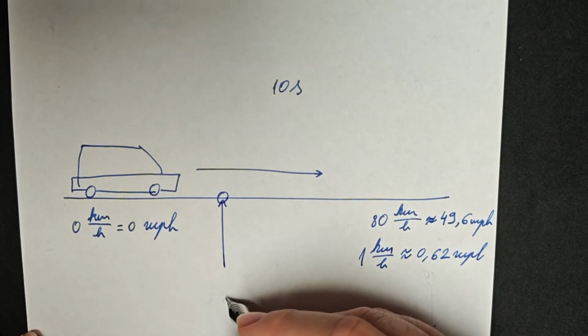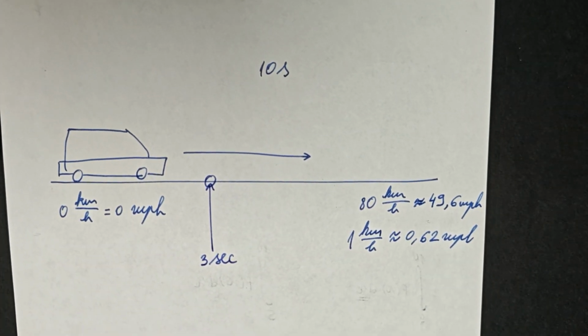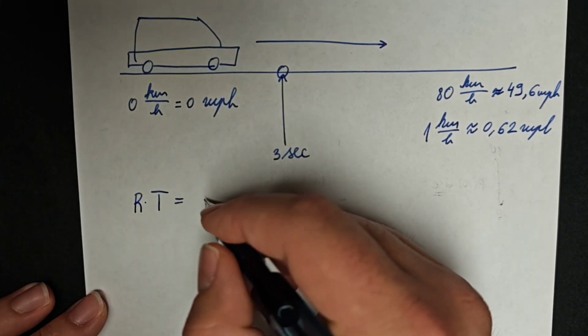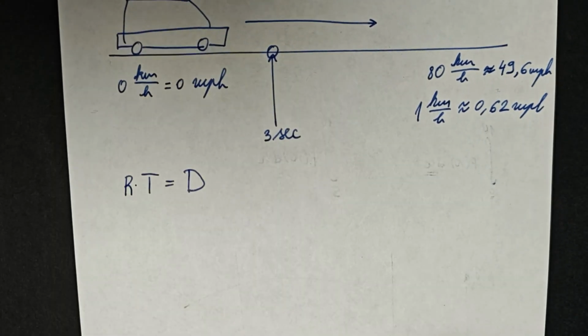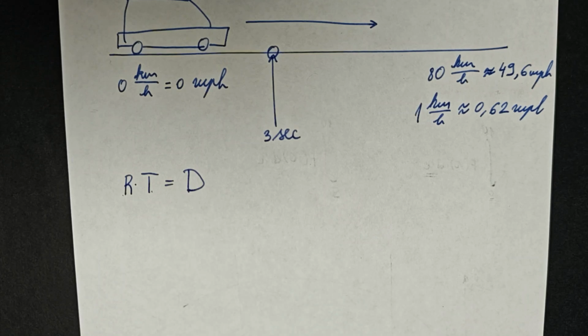So at this position here, which is 3 seconds. We need to precisely calculate the speed of the car at a 3-second timestamp. The car is going to continuously increase its speed for these 10 seconds. If you think of the formula R multiplied by T is equal to D, so rate multiplied by time is equal to distance, you are not going to be able to use this formula in this case.